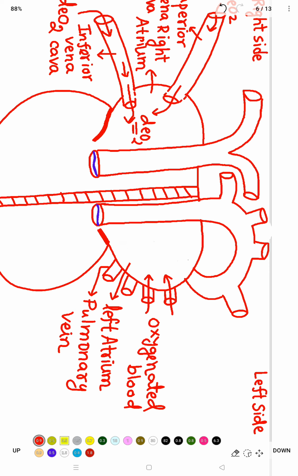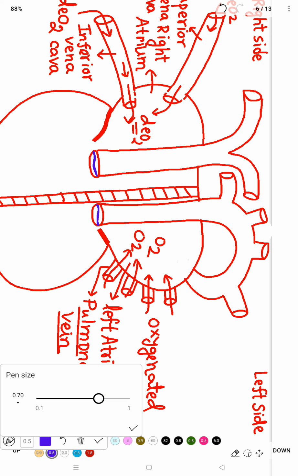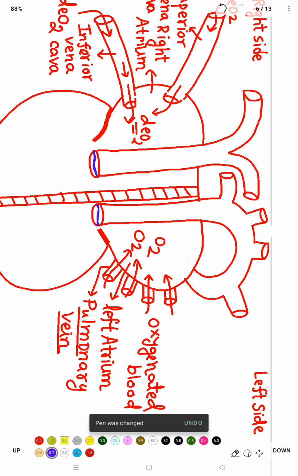Now all oxygenated blood comes inside this left atrium through pulmonary vein like this. O2 blood. Okay. Now this is right atrium and this is left atrium.